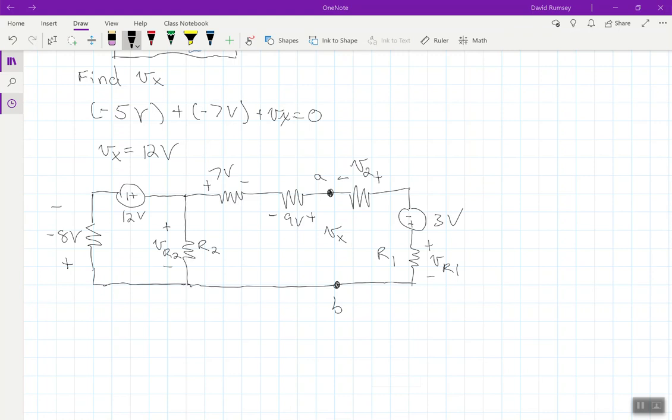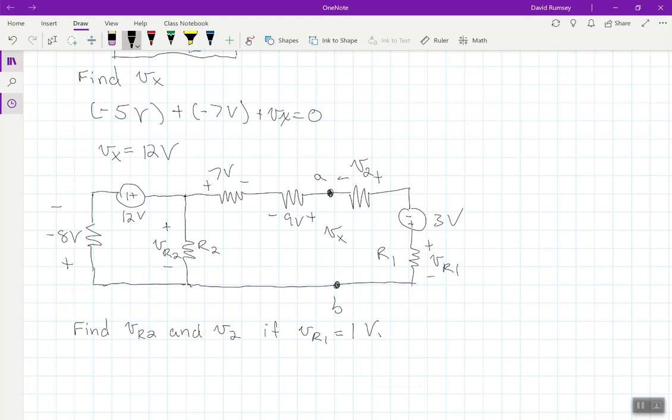I'm going to go ahead and write down a couple of other pieces of information here. What we're supposed to do is find VR2 and V2 if VR1 equals 1 volt.